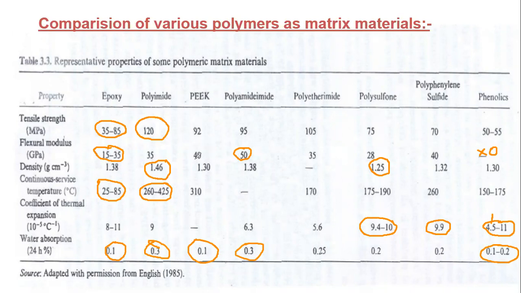So the highest and lowest properties belong to these two only, that is epoxy and polyimide contain all the highest and lowest property values.